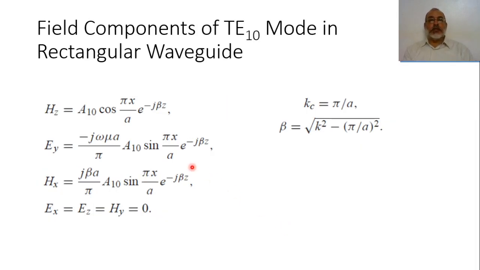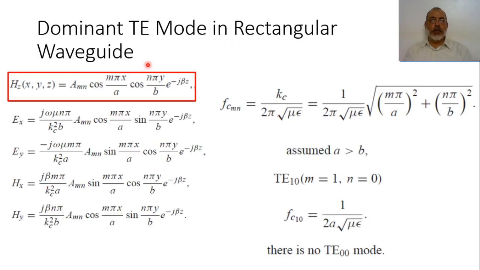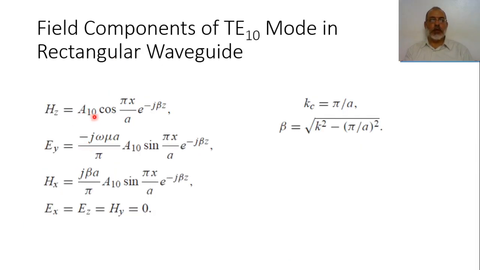In this case, the field components for the dominant mode, which is the TE10 mode, are given by applying m equal 1 and n equal 0. So here Hz equals A10 cosine of pi x over a, times cosine 0, which is unity, times e to the power minus j beta z.